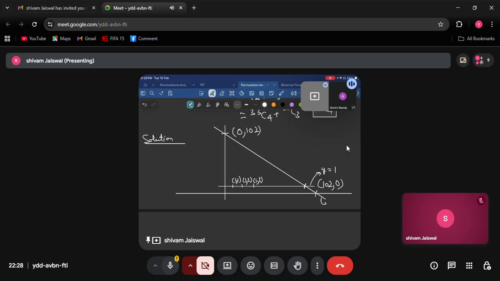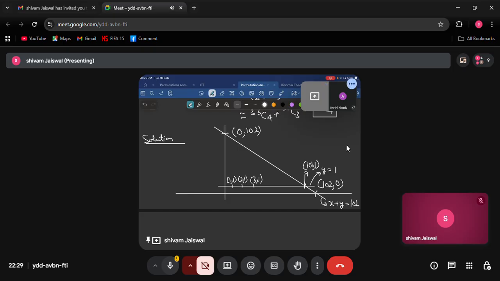So quickly tell me what are the coordinates of this point? So 101 comma 1. So actually, the points will be (1,1), then (2,1), then (3,1), and so on.